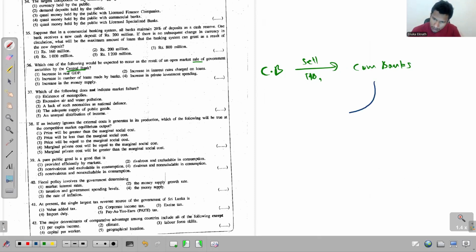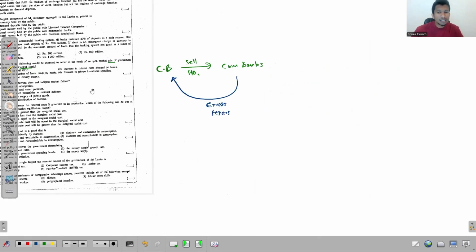The commercial banks provide their excess reserves to the central bank. And as a result of purchasing the treasury bills and treasury bonds from the central bank, as I mentioned earlier, the commercial banks put their excess reserves in the central bank, so what will happen to their ability to create credit?